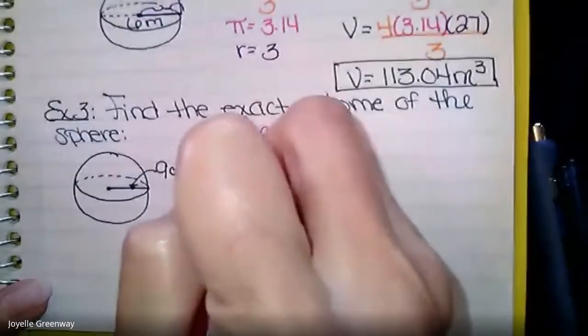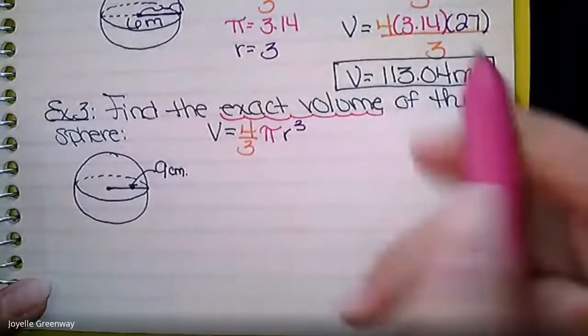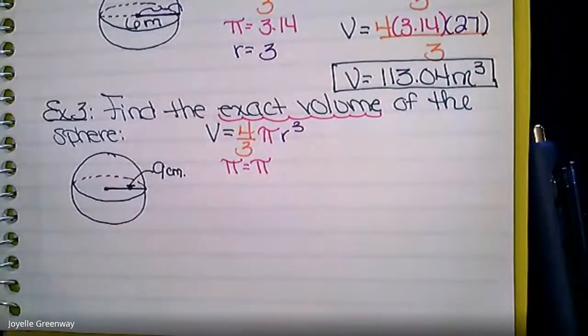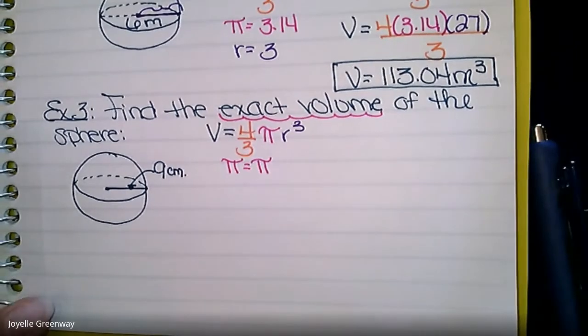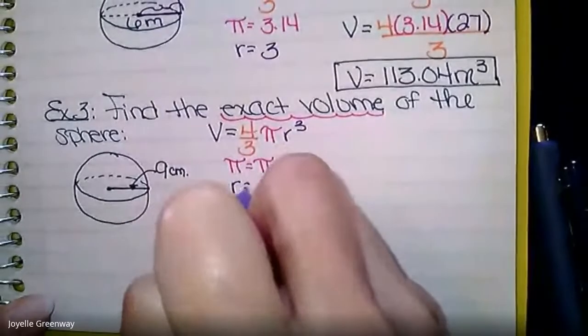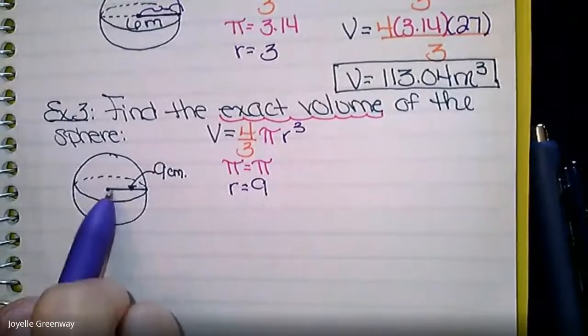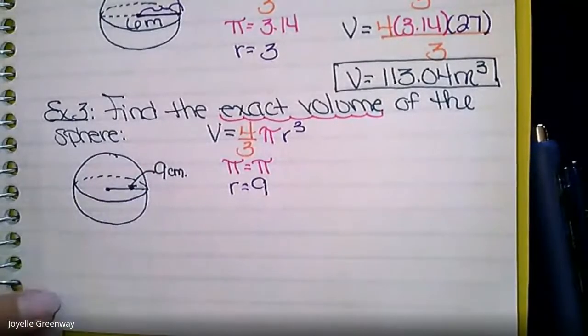So we want the exact volume. So that means I'm going to just use the pi symbol for pi. I am not going to use 3.14. So that means I do all the other math first, and then I tack on pi at the end. All right, so pi is pi, and my radius is going to be 9, right? Because it's from the center to the outer edge.